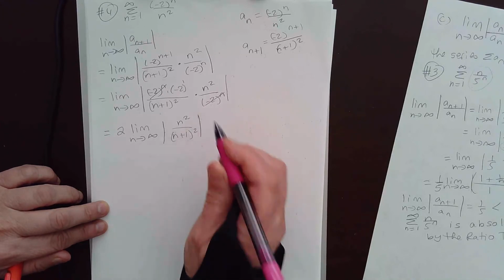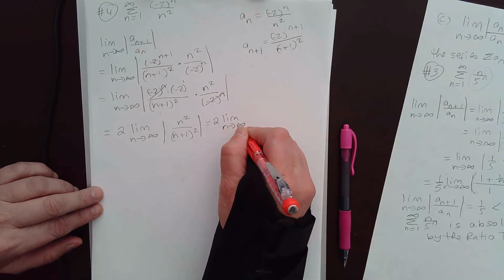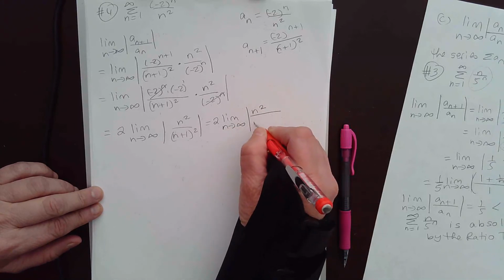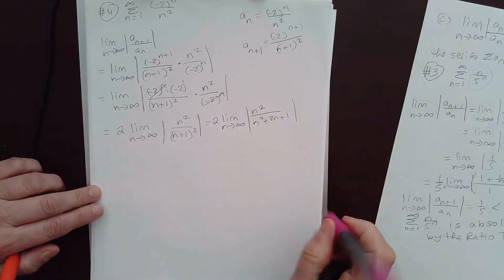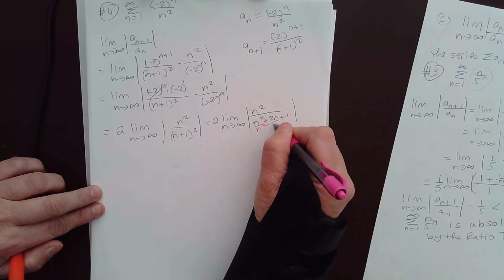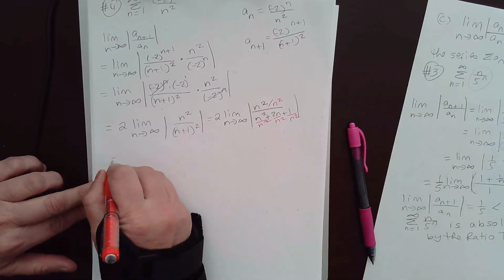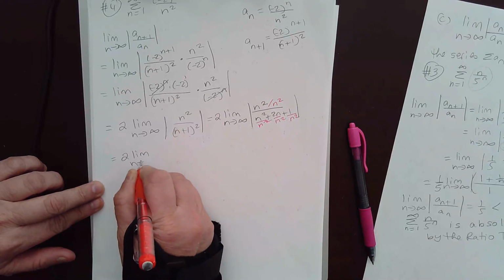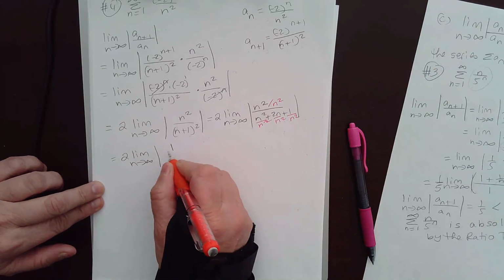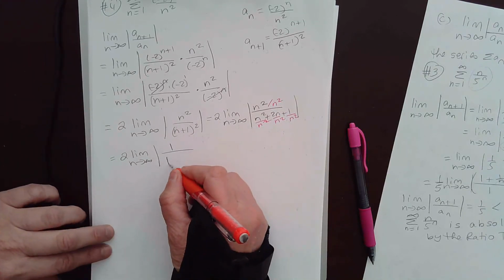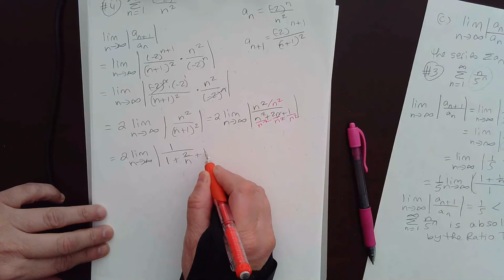If you can't see it from here, I can do this: 2 times the limit as n approaches infinity of n squared over n squared plus 2n plus 1. So you divide everything by the highest power, n squared. So what does that give us? 2 times the limit of n squared over n squared, that's 1, over 1 plus 2 over n plus 1 over n squared.